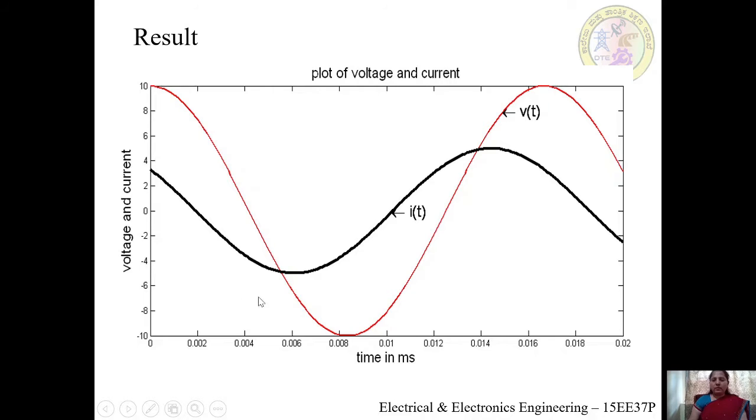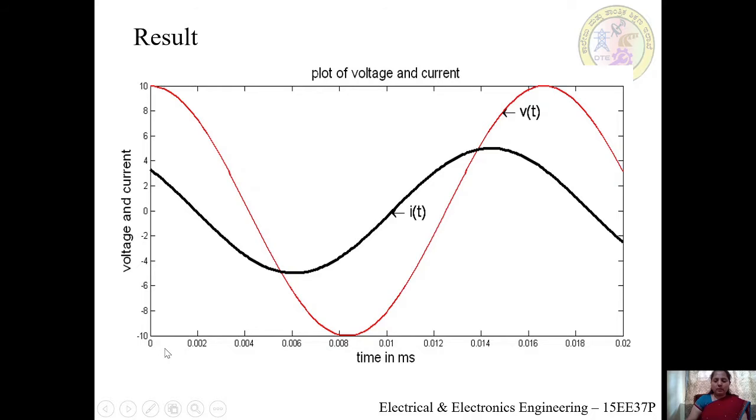So here the expected graph is going to be like this. So time period is between 0 to 20 milliseconds, which is supposed to be taken on x-axis. Then we are going to have the voltage value and current values on the y-axis.